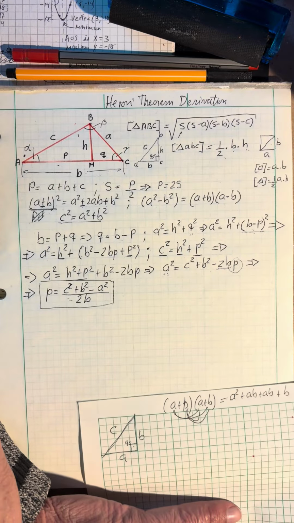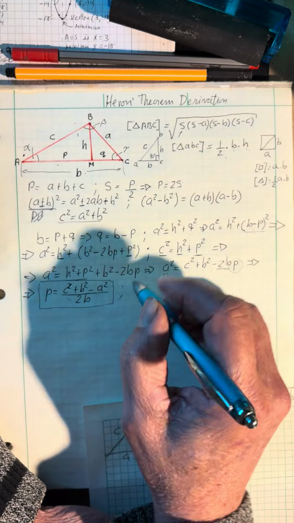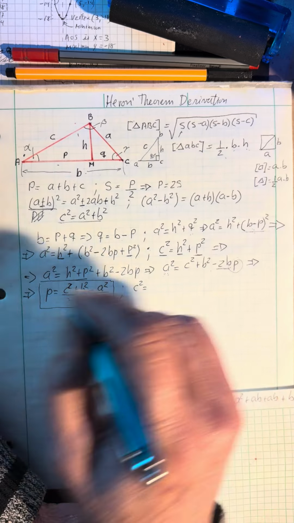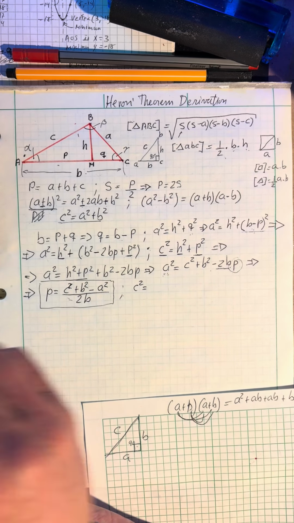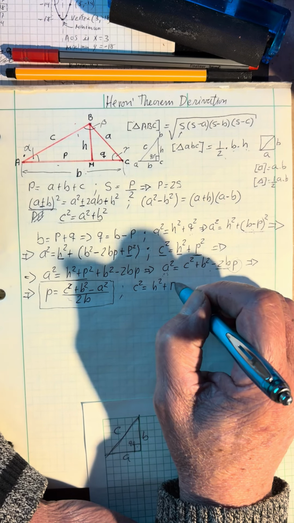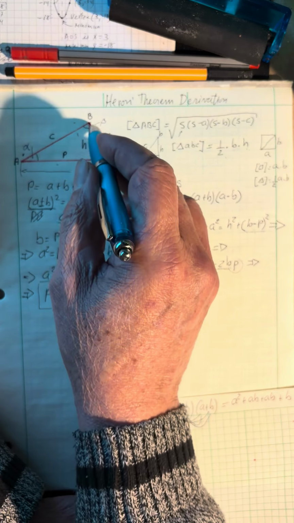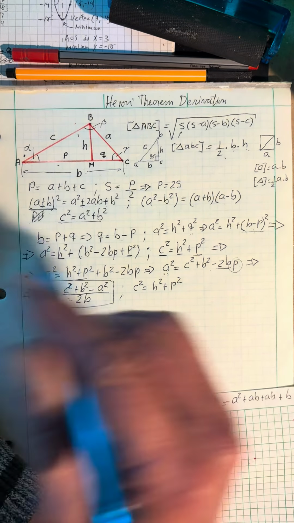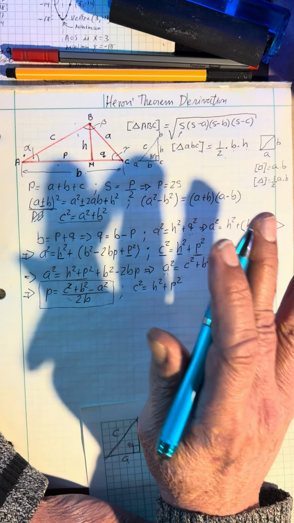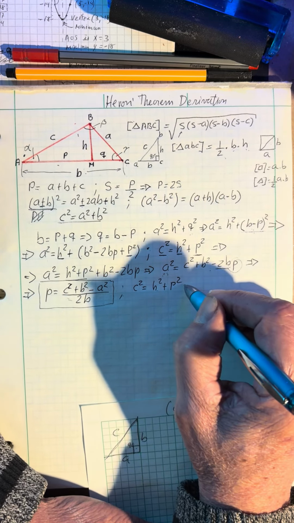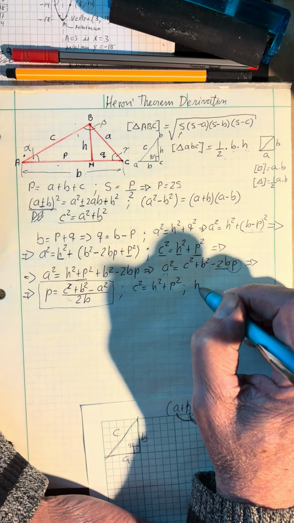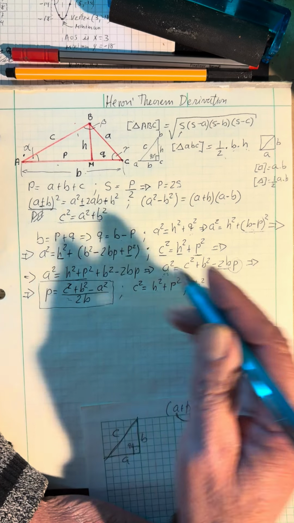Okay, so again, from the fact that we have C squared equal to H squared plus P squared from this triangle here, we're going to prepare the main formula, one of the most important parts of this whole thing, which is getting H squared alone.